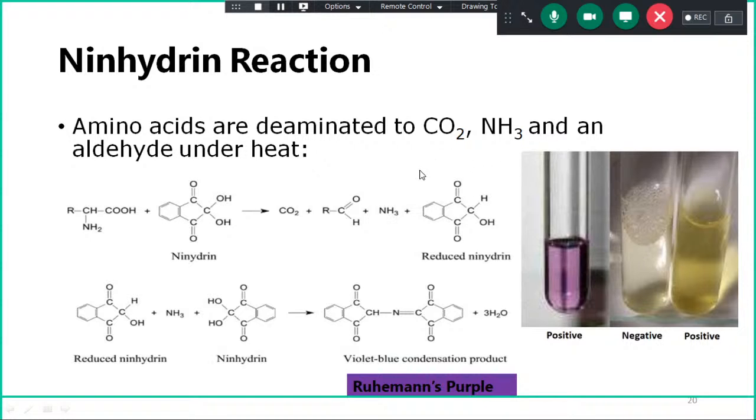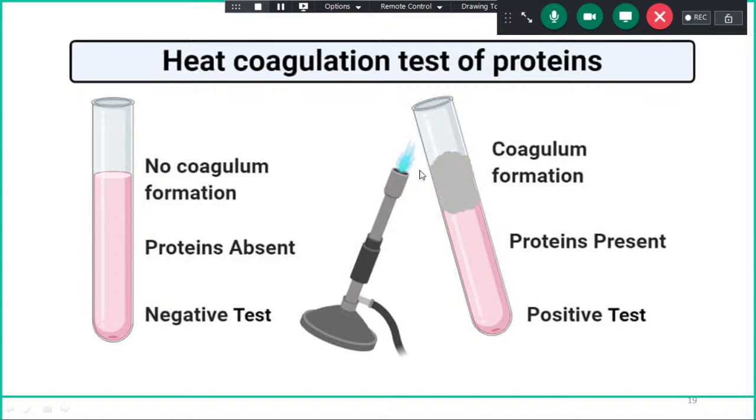And this heat coagulation test can also be modified. No, it does not precipitate downward because we are only heating the upper part. We are only slightly heating the upper part of the test tube, so it won't coagulate and go down.